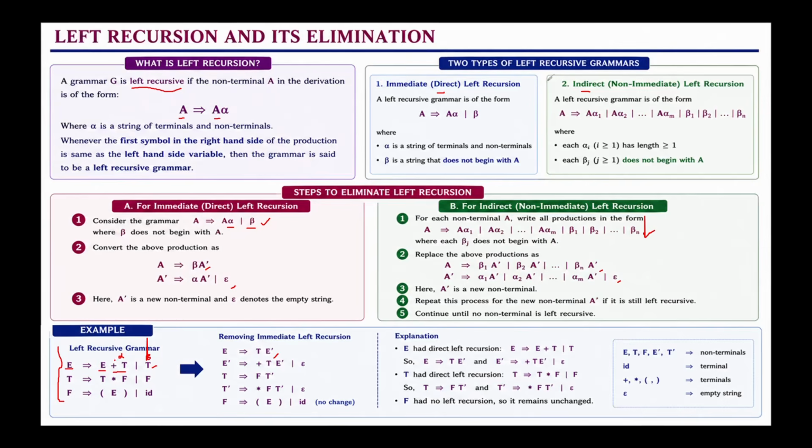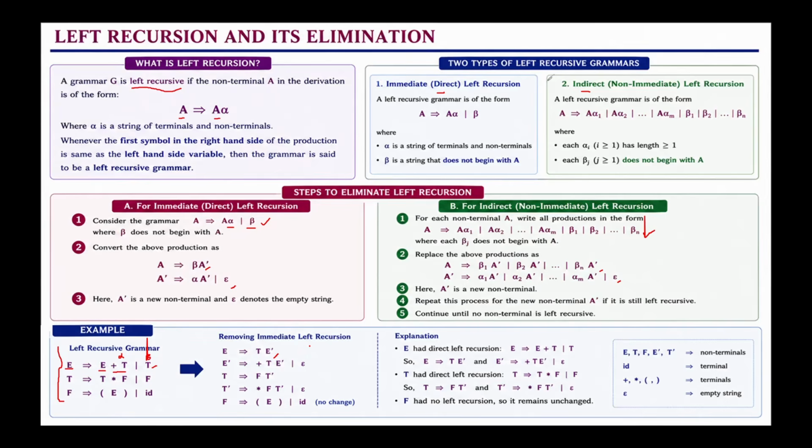I'll repeat: this is alpha, this is beta. How can we remove it? First, E tends to beta E dash. What is beta here? T. So E tends to T E dash.